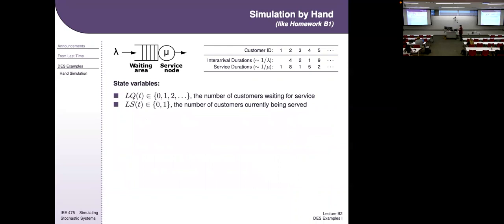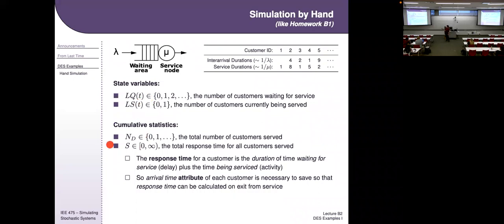There are state variables that we have to keep track of. At every time, we have to keep track of the current number of customers waiting in the queue, which could be any natural number, 0 through infinity. The number of people in the server at the cashier could only be 0 or 1.